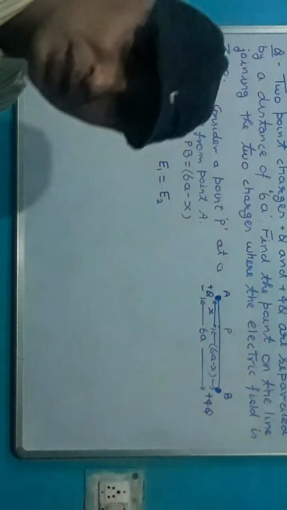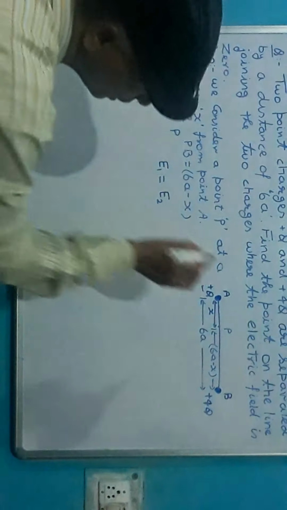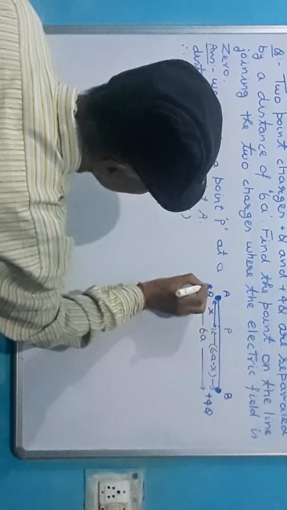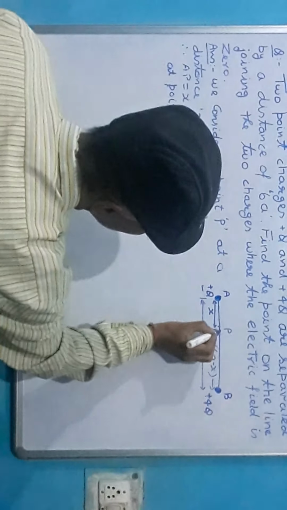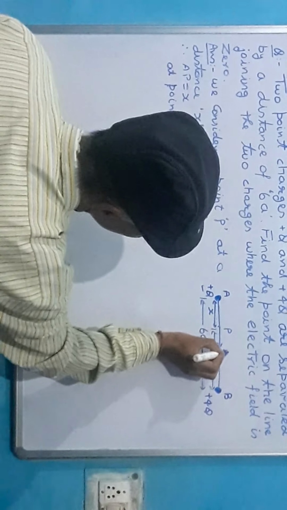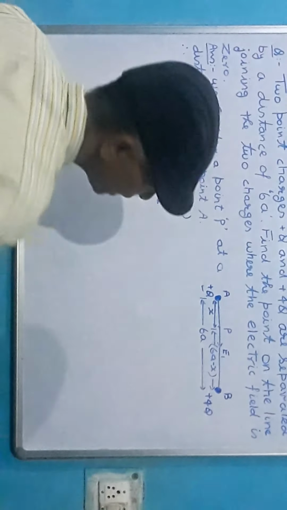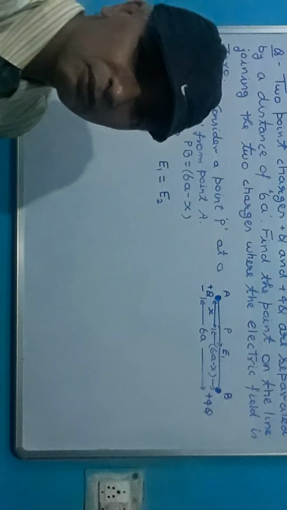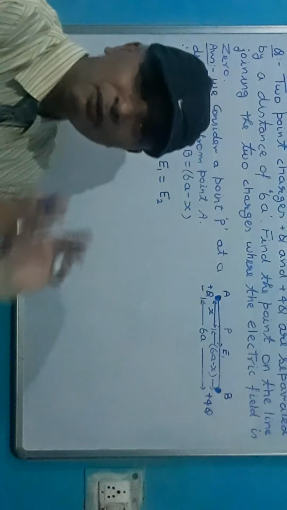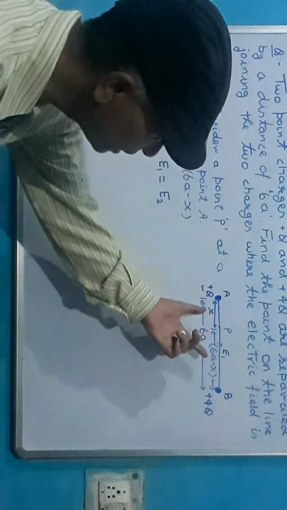Let us see what the direction of E1 and E2 is. This is a positive point charge, and because the source charge is positive, the direction of electric field will be away from the source charge. So that will be the direction of E1.